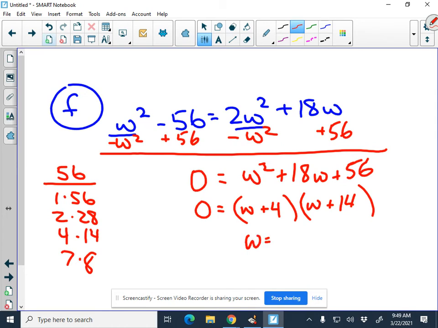So w equals negative 4. w equals negative 14.